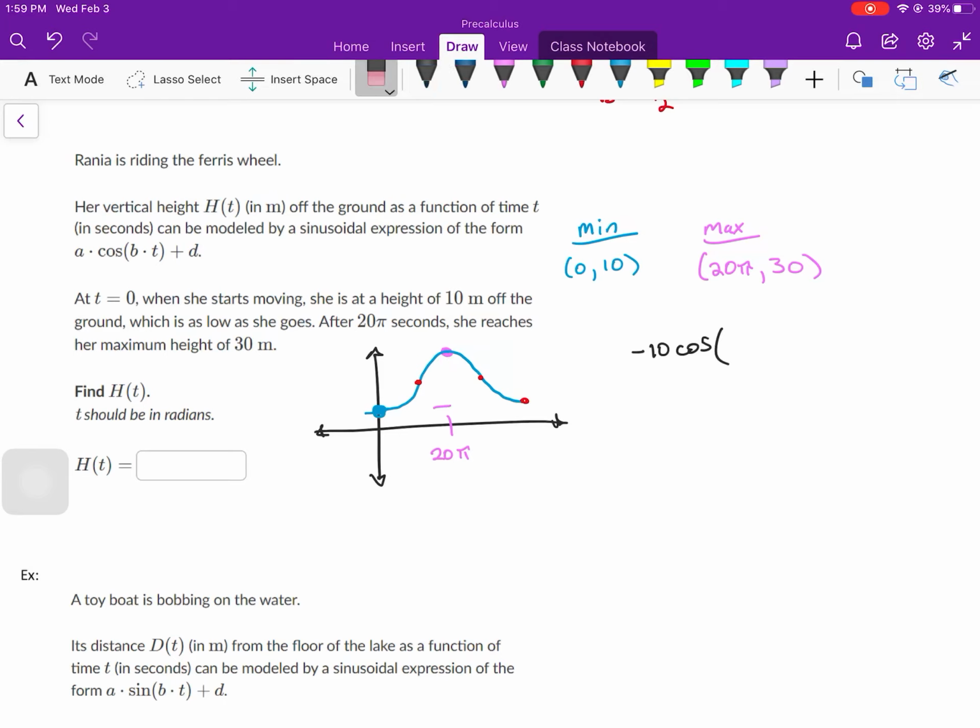Then what is our midline? Once you have the amplitude at 10, we know we could just add 10 to get up to the midline. So if we're currently at a height of 10, we add 10, we get up to 20. So our midline is 20, which makes sense. It'd be right in the middle.